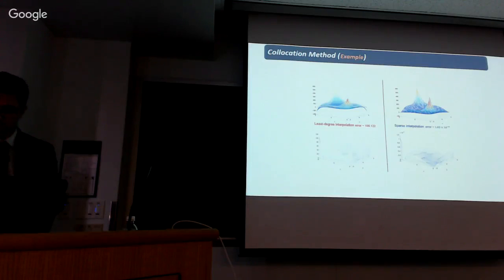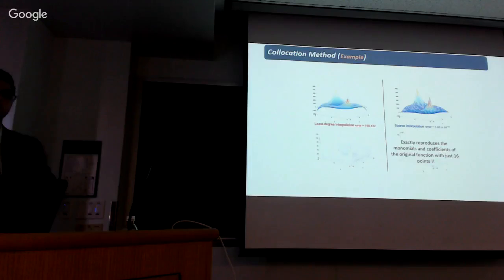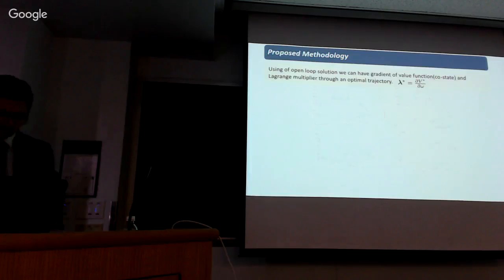And the beauty of this example is that the sparse optimization produced exactly the monomials that were in the original polynomial, with 16 quadrature points.